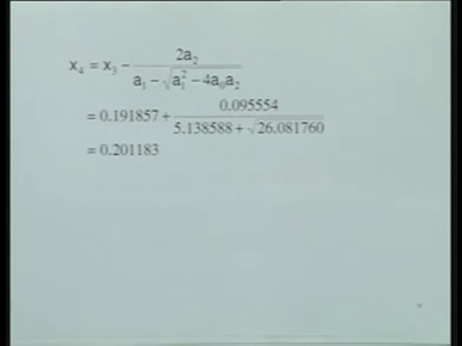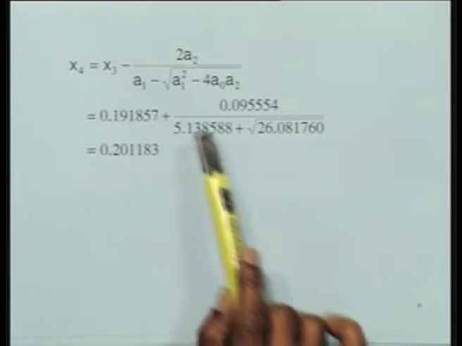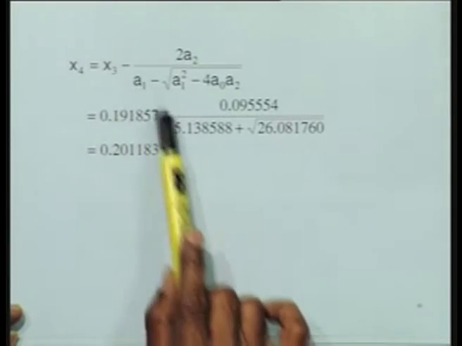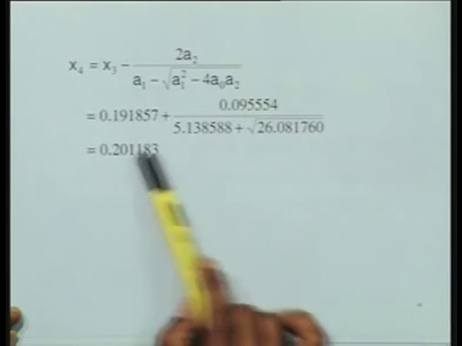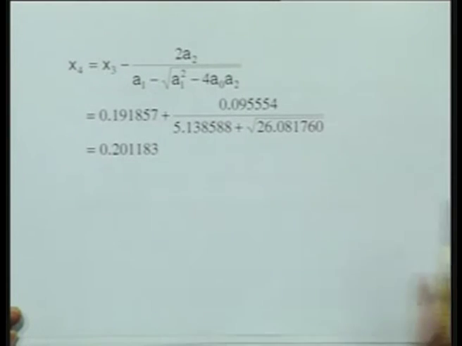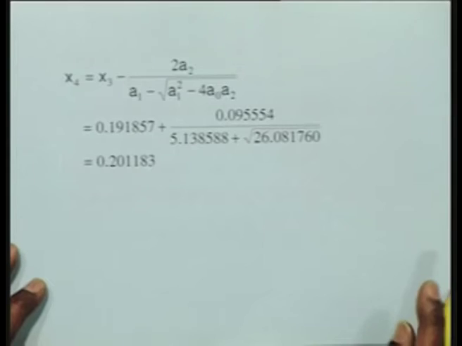Now I have just written the values of x3, a2 here, a1 with a negative sign, that sign has been taken care of here as a plus sign, and this has become plus under root of this, and evaluation of this reduces to this value. This completes the evaluation of 2 iterations. We have done x3 and this is the value that we have got for x4.